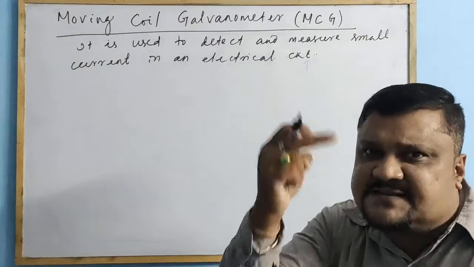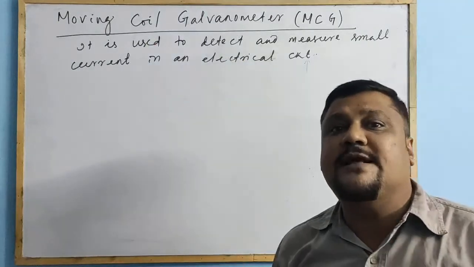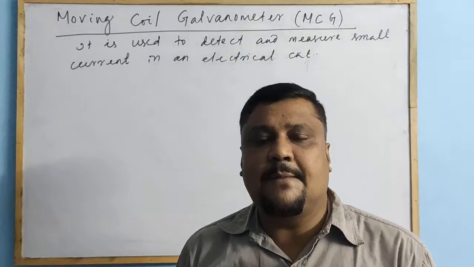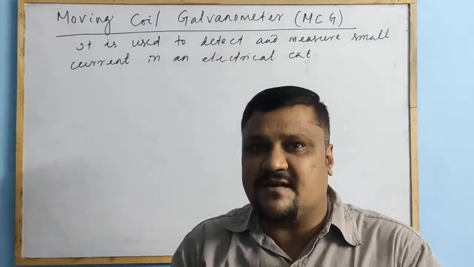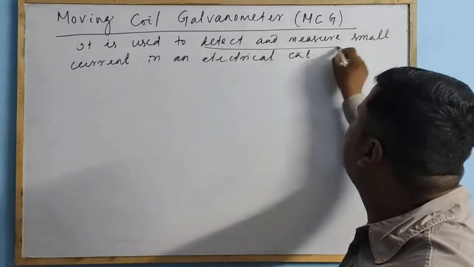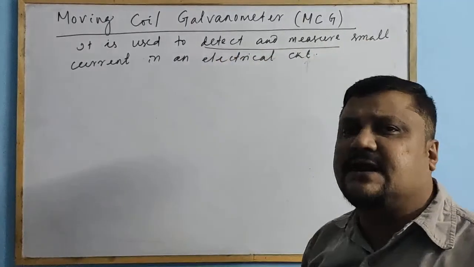With some modification, it can also be used to detect the potential difference of the circuit. But generally, it is used to detect and measure the small current in an electric circuit.